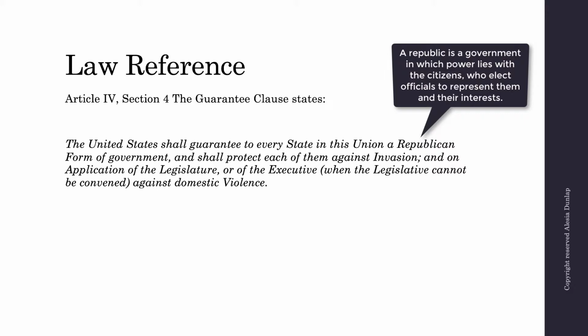essentially is considered the federal government's guarantee to the states. This means that the United States government promises that each state will have a republican form of government. The United States government will protect the states from invasion as well as from domestic rebellion at the request of a state legislature or state executive, in our case the governor, if the legislature can't meet.